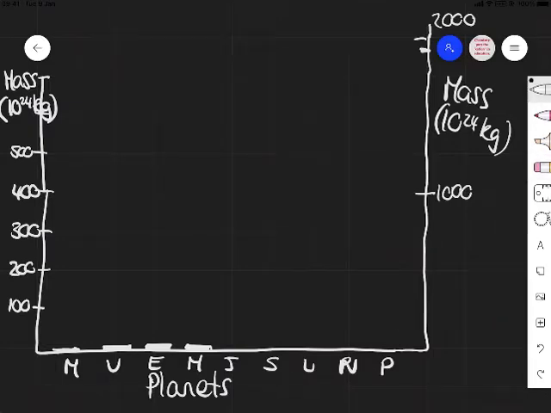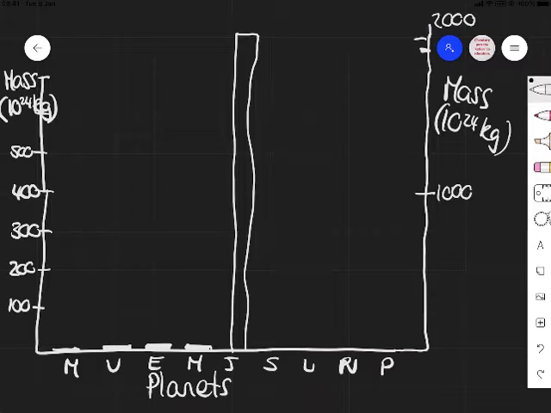So I go all the way. Now you have your ruler and you're going to use your boxes, and you're going to be so much better than me. I'm going to color this guy in like this. We then go to Saturn, 568, so it's going to be somewhere around here.